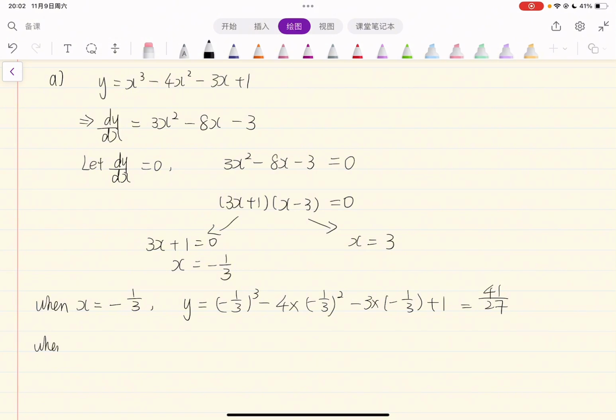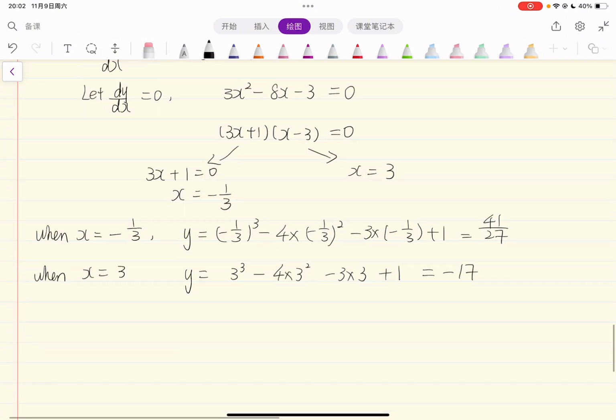When x equals 3, y equals 3 cubed minus 4 times 3 squared minus 3 times 3 plus 1, which equals negative 17. So we have two stationary points. The first one is (negative 1 over 3, 41 over 27), and the second one is (3, negative 17). At these points, the gradient equals 0.